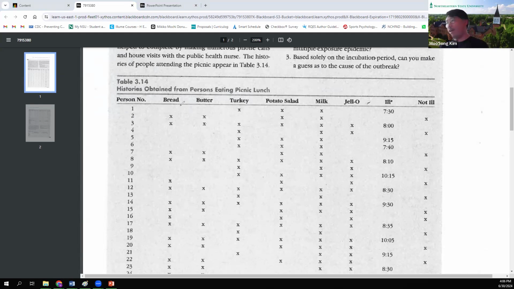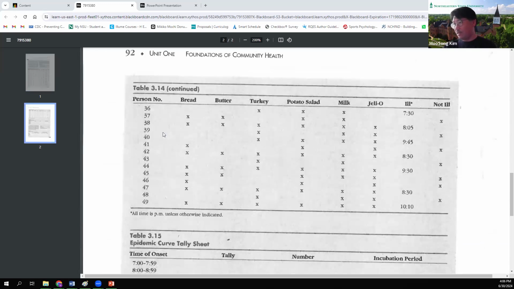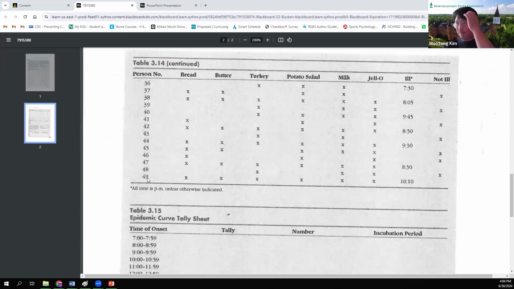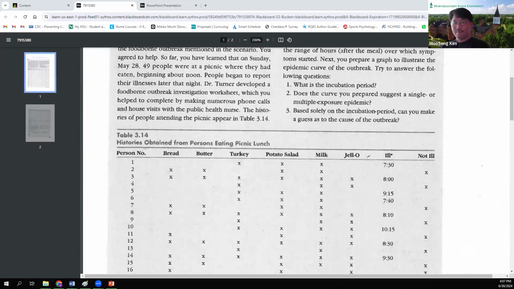So how many people are actually in this table? You can scroll down and see the number of persons here. In total, we have 49 people in this table, right? How many food items? 1, 2, 3, 4, 5, 6.